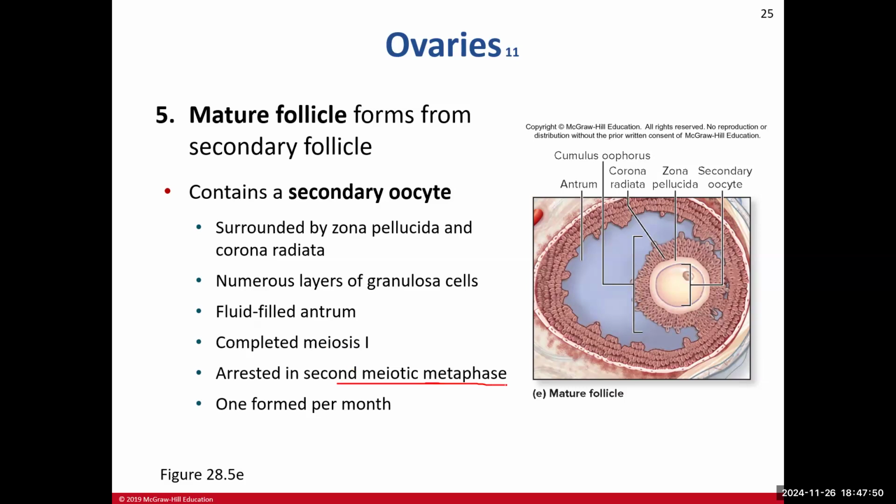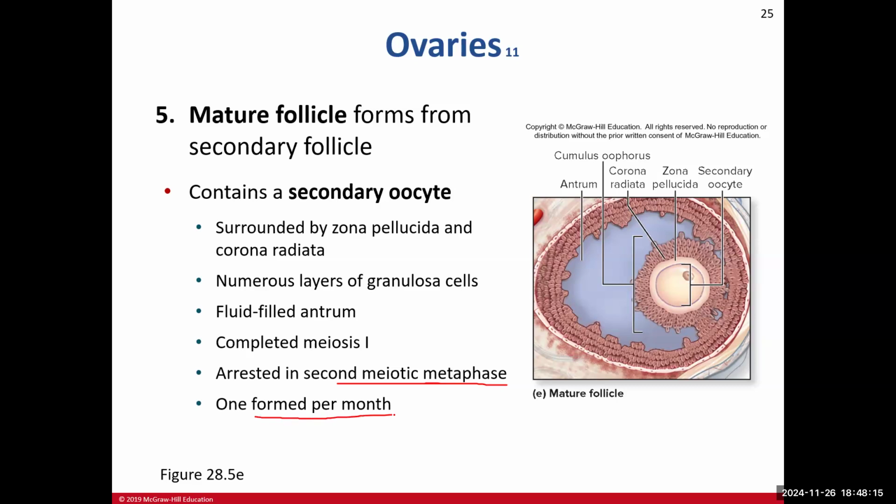It's going to almost get to the end of meiosis 2, and then it stops right before the last two phases, anaphase 2 and telophase 2. And it's going to stay there and hang out.